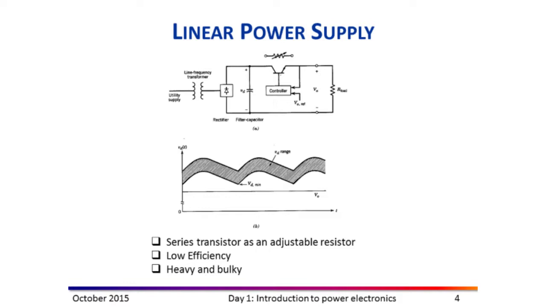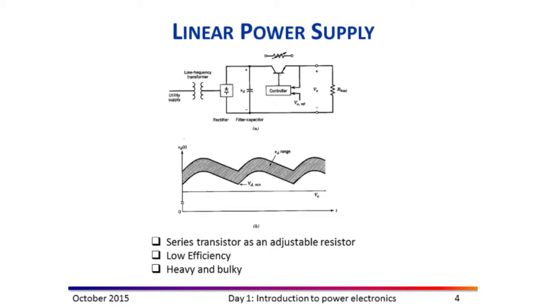The same thing if I'm looking at a transistor like this: 10 volt and I need 5 volt across that one, and this is 2 ohm.